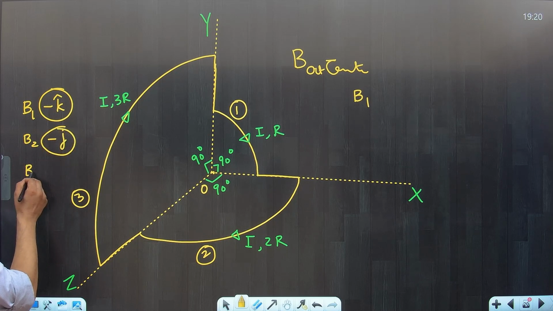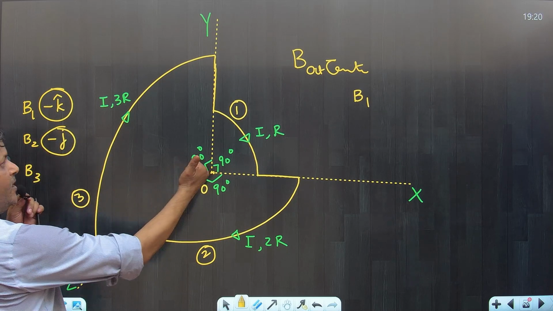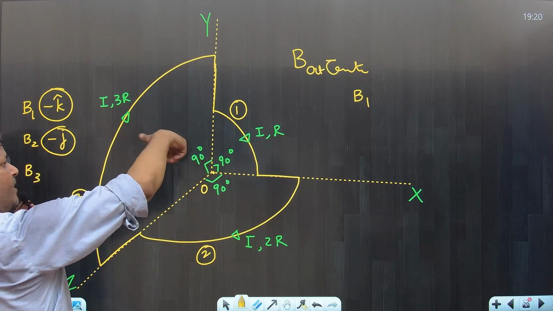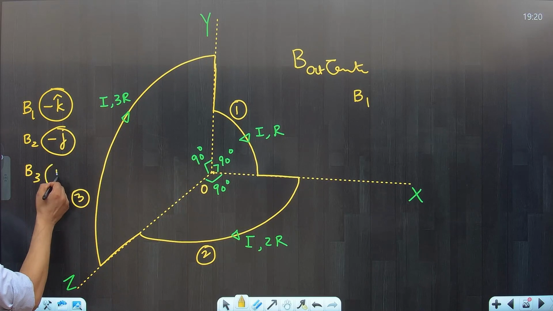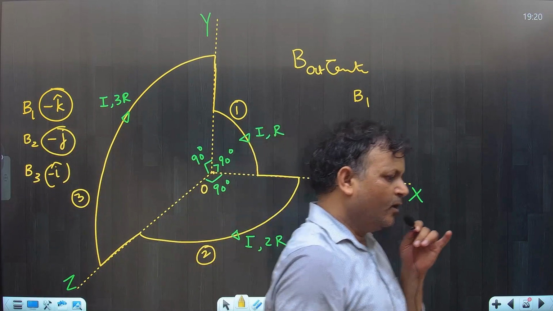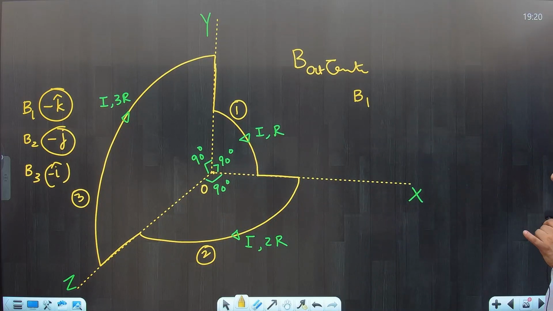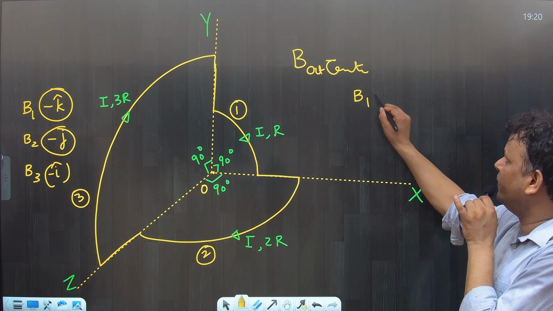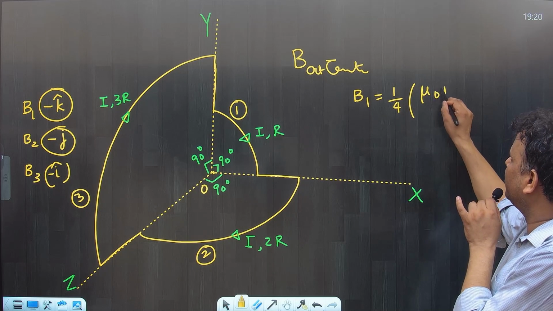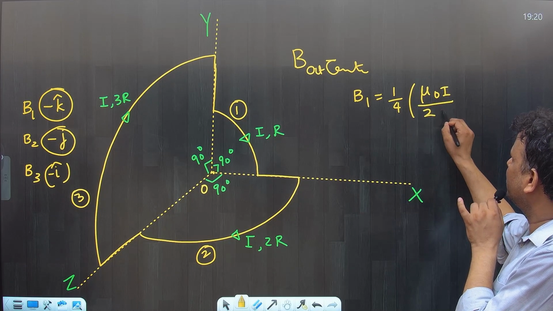And B3 is in which direction? So this is the Z direction. Current goes like this. It is minus i cap. So B3 is along minus i cap. So you have got the directions of magnetic field. Value of magnetic field B1 is 1 by 4 of complete mu naught I by 2R.